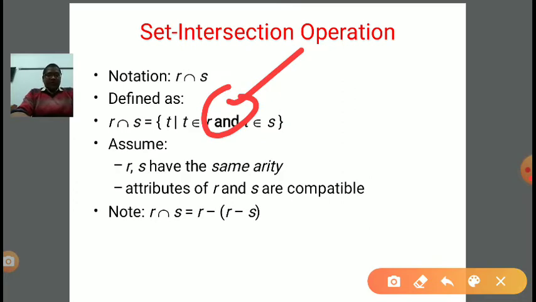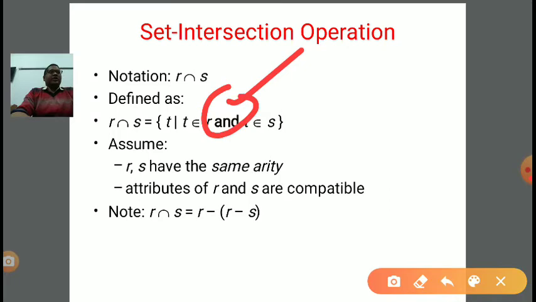Now here also some assumptions and conditions are there. R and S should have the same arity. Arity means the number of attributes in a relation. So in relation R, the first relation, as well as in relation S, the second relation, the number of attributes should be the same. Then only we can perform the set intersection operation. Second condition: attributes of R and S should be compatible.